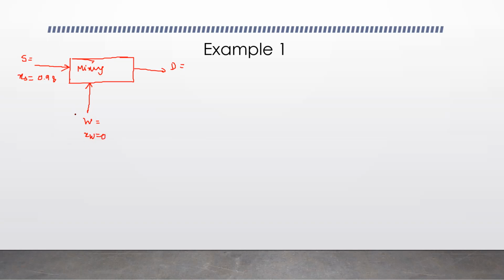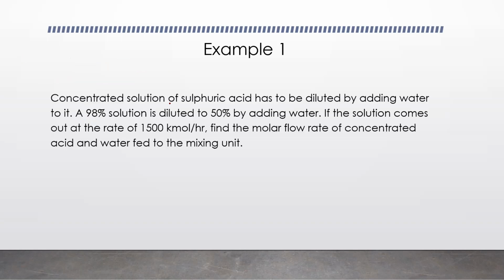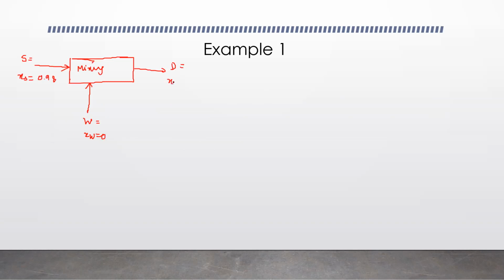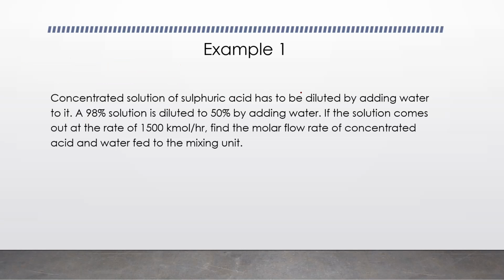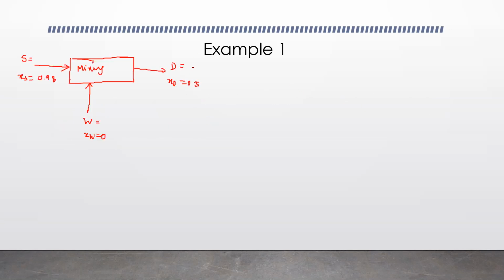And it is diluted to 50% by adding water. So XD is 0.5. If the solution comes out at a rate of 1500 kilomole per hour, that means D is 1500 kilomole per hour. We don't know S, we don't know W.